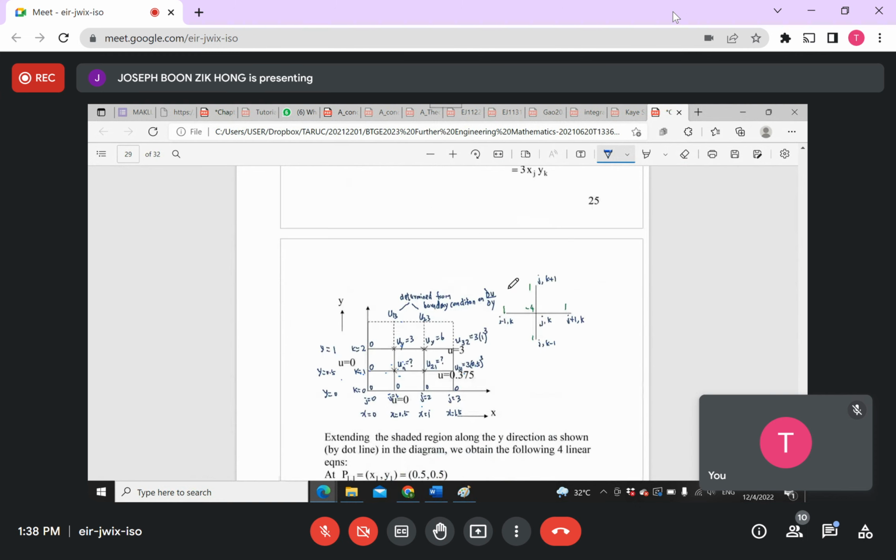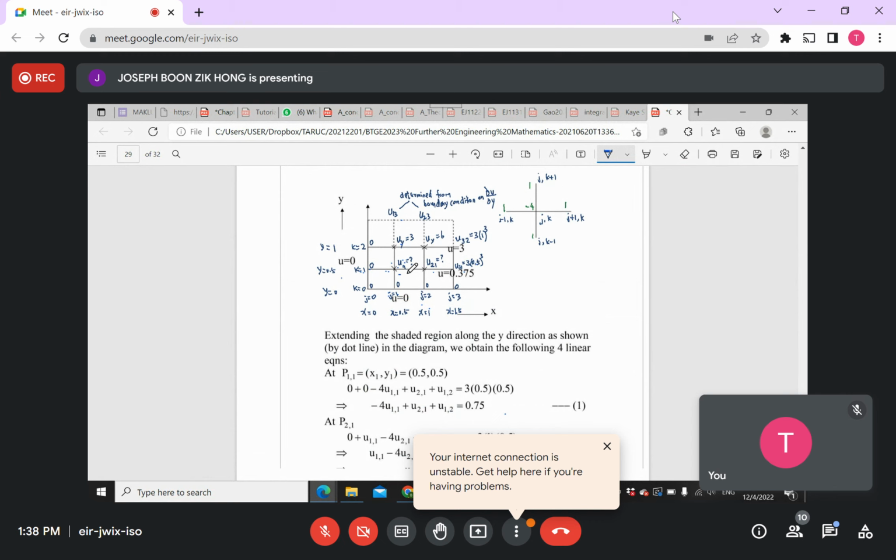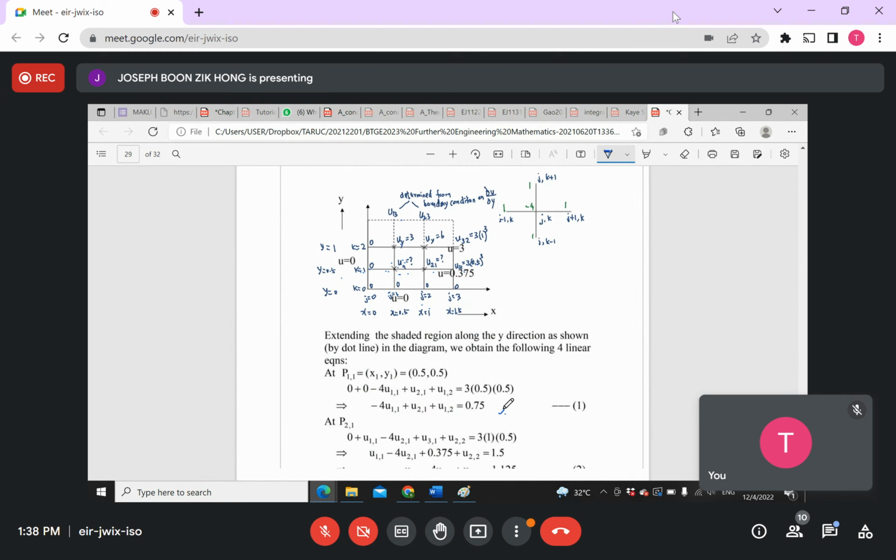So that's why you will see, okay, I have this table. In order to find these two, let's say I will set for U11 first. U11, you will get this equation. This equation involves what? You can see I have U11, I have U21. These two I have, so I can substitute, and I need the U12. This is a U12, but I don't have the U12, so I put it first. So now I have three unknowns.